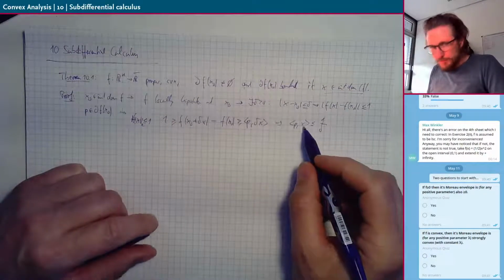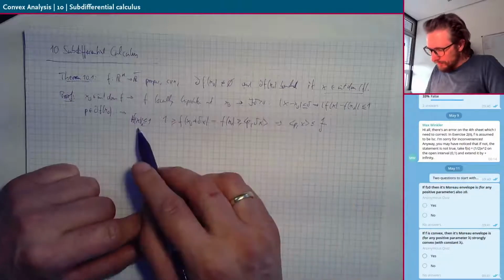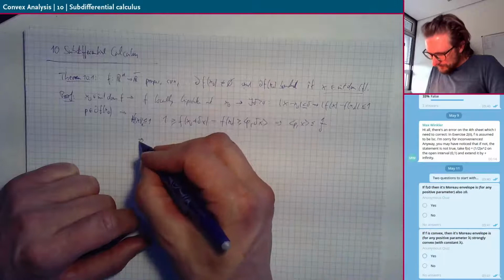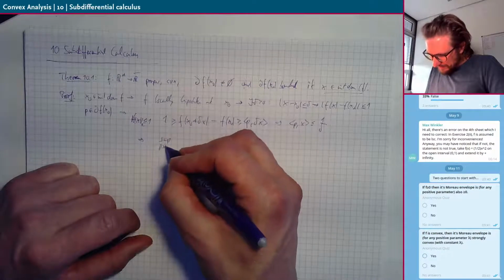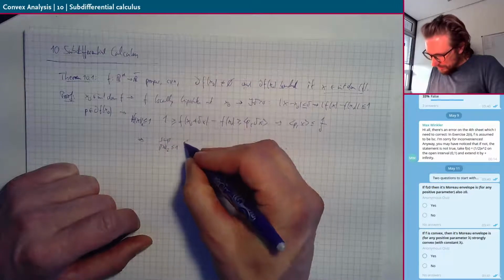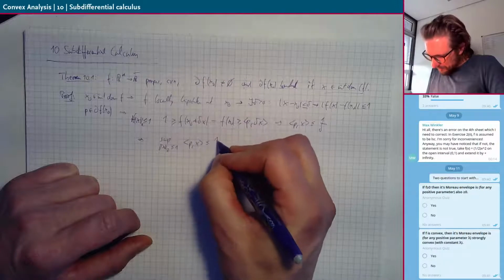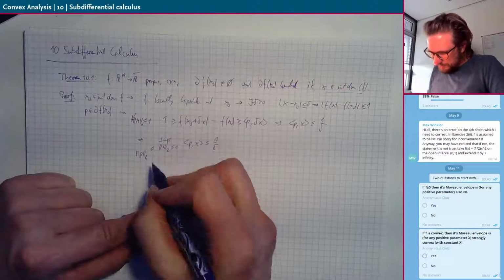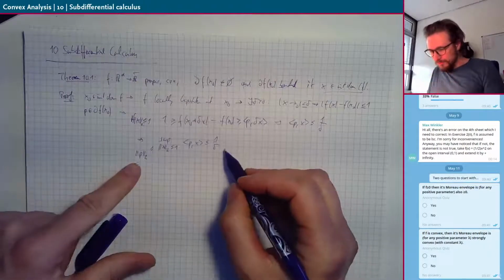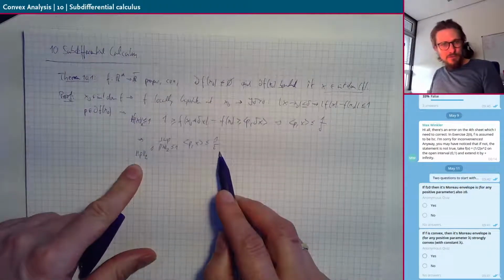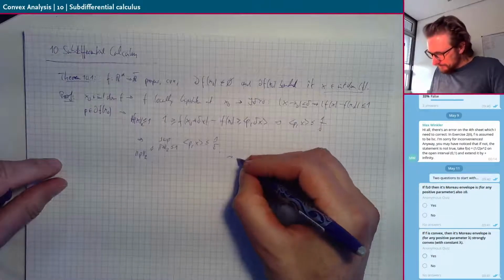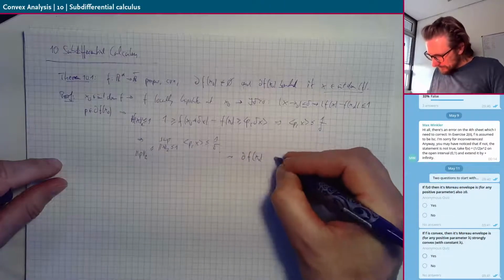And since this holds for all x with norm smaller or equal to 1, we can take the supremum over the norm of x smaller or equal to 1. The inner product of p with x is still smaller than 1 over delta, but this here is actually nothing else than the 2-norm of p. And this is what we wanted to show. If you have a subgradient, then you have a uniform bound. That's it. So this is the bounded set.